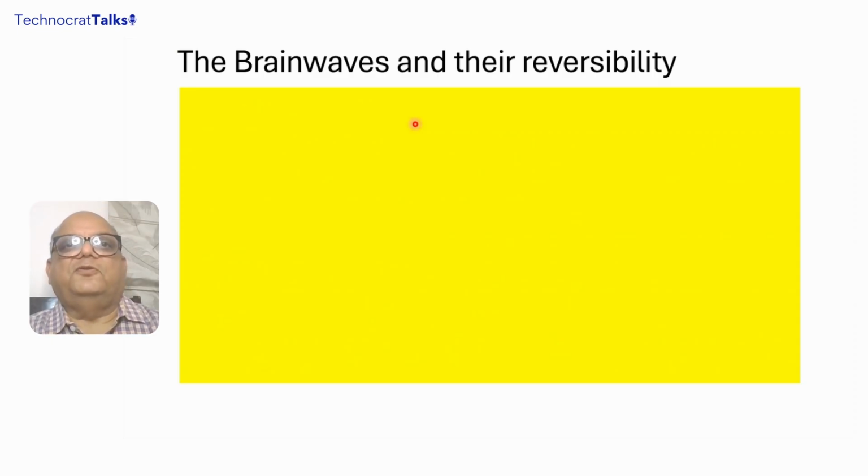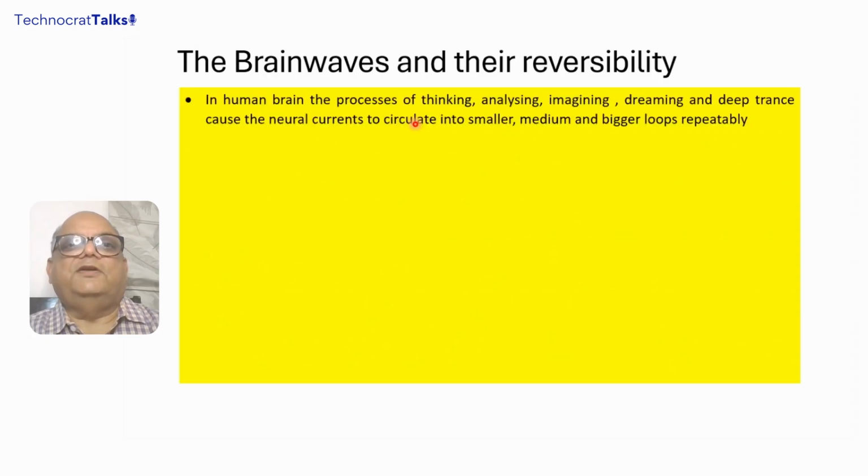The last aspect is, of course, most interesting: brain waves and their reversibility. Whenever the human brain is thinking, analyzing, imagining, dreaming, or going into deep trance or hallucinations, the currents circulate in some loops within the brain.